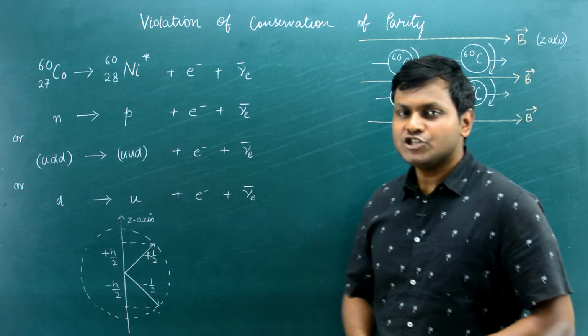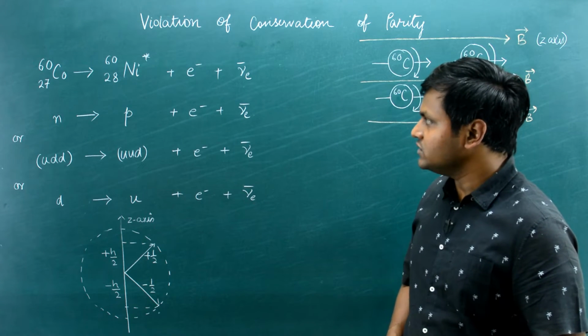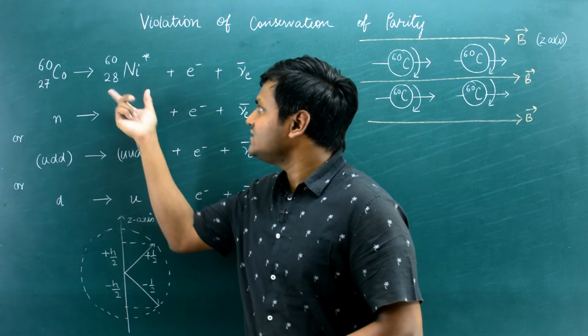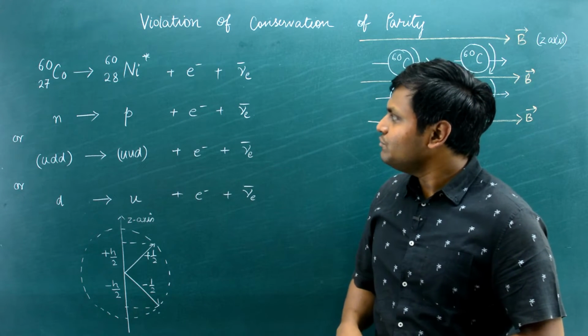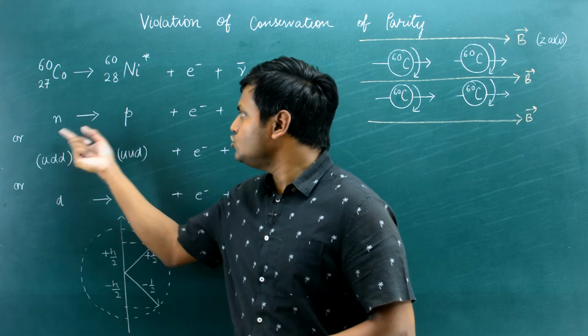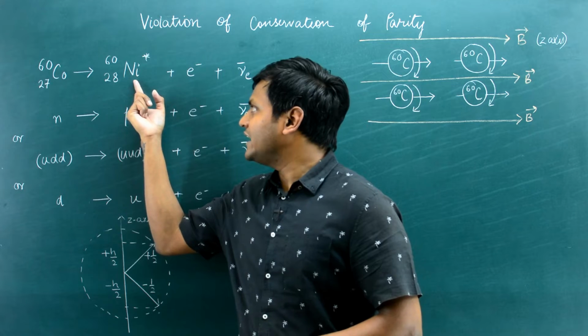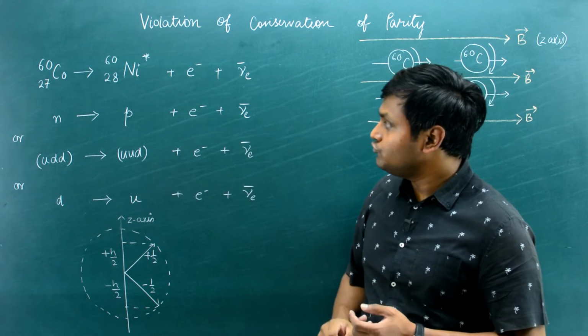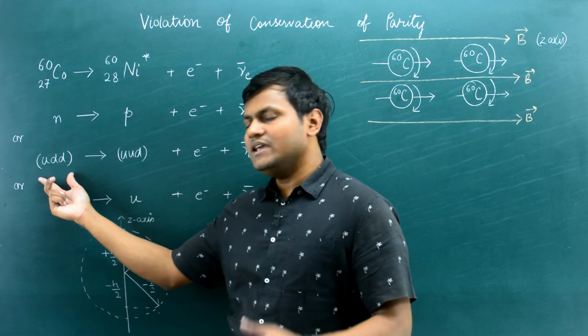Beta decays are essentially the result of weak interaction, because if you look at the decay of the cobalt-60 nucleus to a nickel-60 nucleus, it simply involves the transformation of a neutron inside the cobalt-60 to a proton, which is now inside the nickel-60, right? And this leads to the emission of an electron and an electron antineutrino. Now, what is a neutron? A neutron is simply made up of quarks.